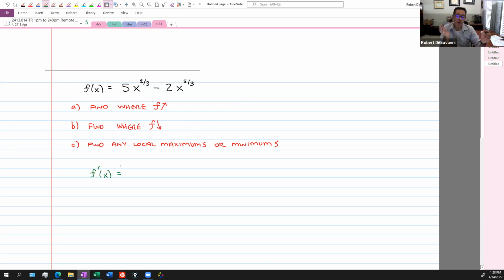All right, this is not a polynomial, but we can still use the power rule for these derivatives. So when I bring the power out and hit the 5 with it, it becomes 10/3 x to what power? You have to subtract 1, right? So negative 1/3, right? Because you're going to take away 3/3 from 2/3.